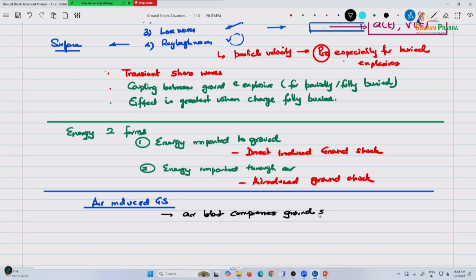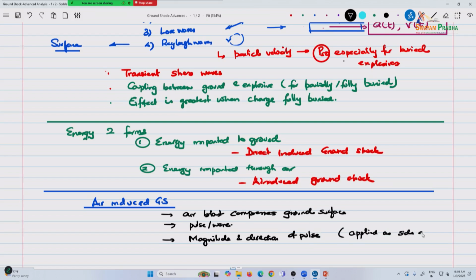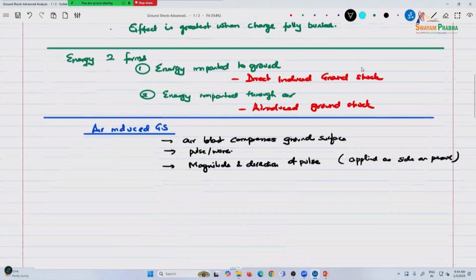The stress travels through the surface as a pulse or wave mechanism, and we are interested in the magnitude and the direction of the pulse. This is applied as a side-on pressure on the foundations and things like that.